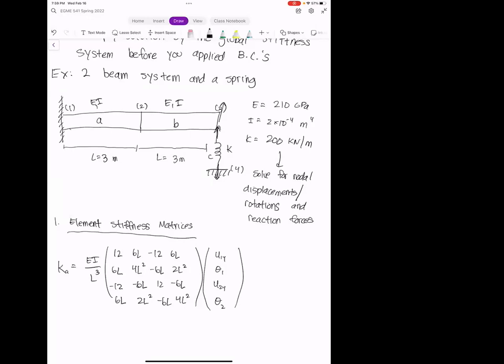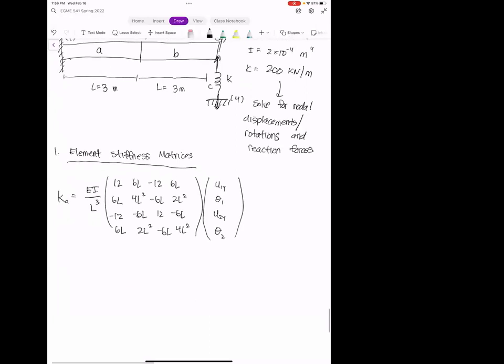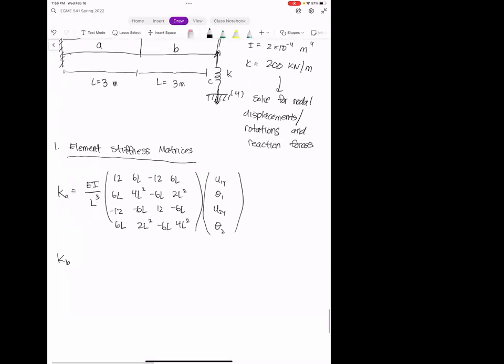And of course, since this is connected to nodes 1 and 2, then we're going to multiply that by u1y, theta 1, u2y, theta 2. Okay. And then same thing for KB. In fact, I'm just going to be lazy and draw an arrow here. So these are the same.